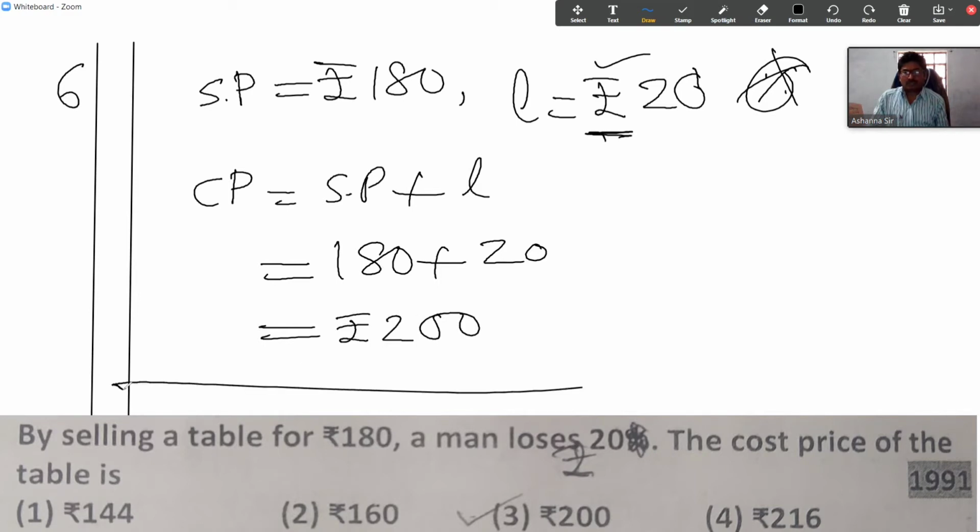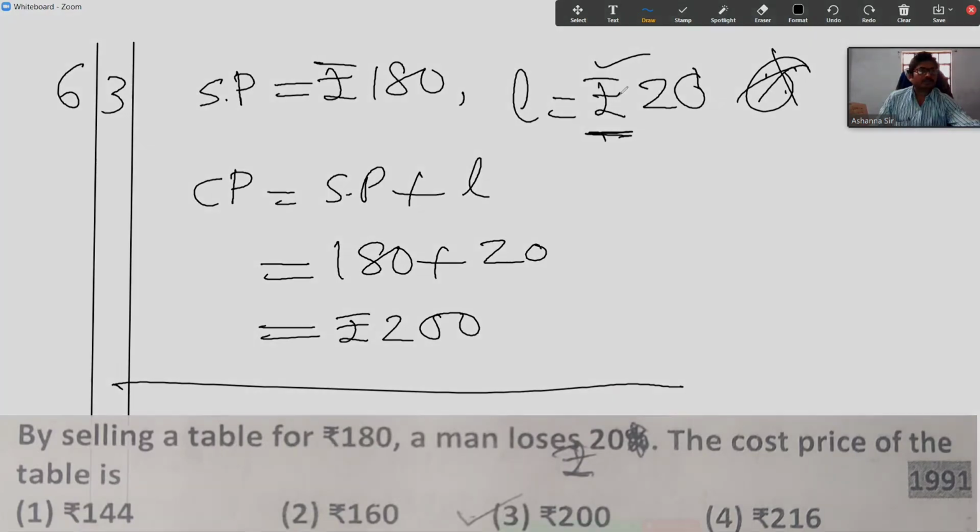This is the answer. Option 3. In this sixth problem, you have to correct the question. Here you keep rupees for loss.